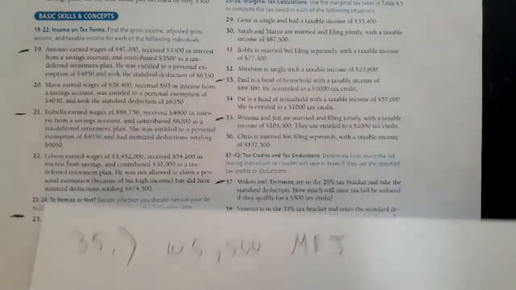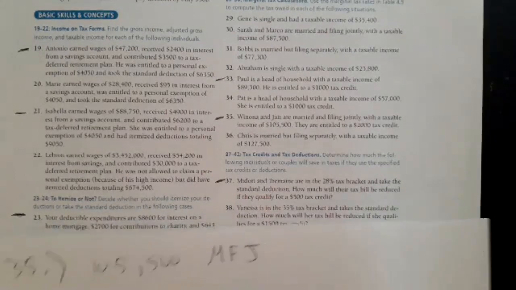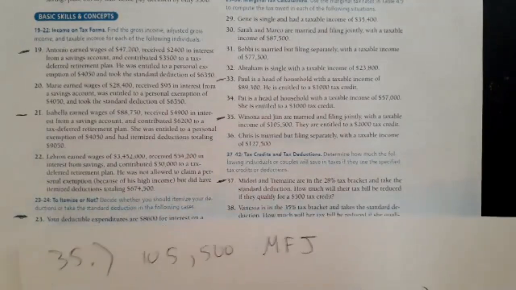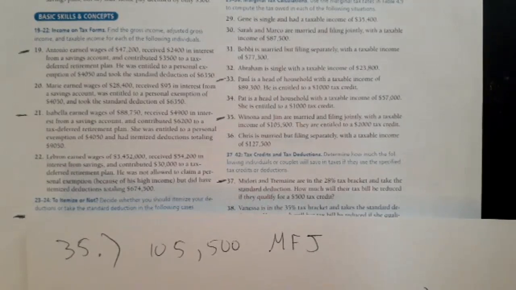I almost said the number. So 35, the key information you want to take away from 35 is that we're making $105,500. They're married, filing jointly. MFJ.